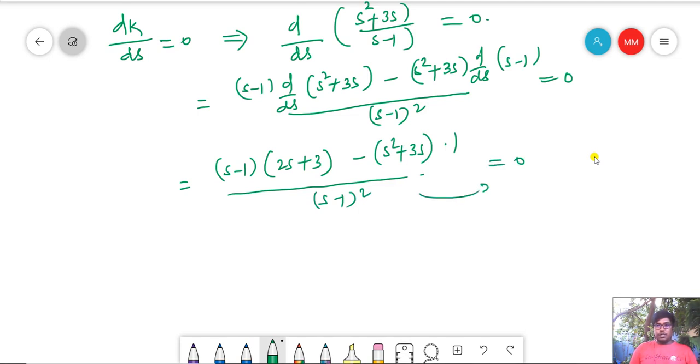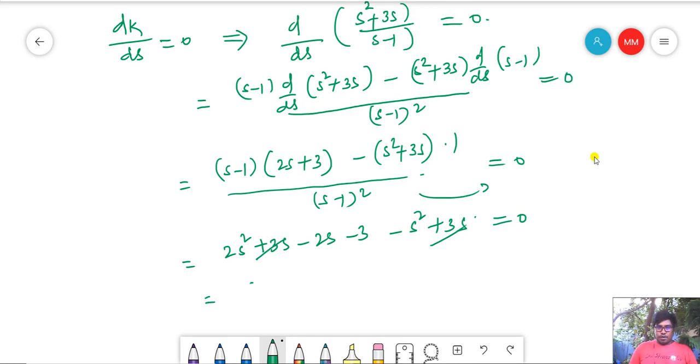So the denominator term becomes 0 and we multiply the numerator: 2s square plus 3s minus 2s minus 3 minus s square minus 3s is equal to 0. These values get cancelled. The final equation is s square minus 2s minus 3 is equal to 0.